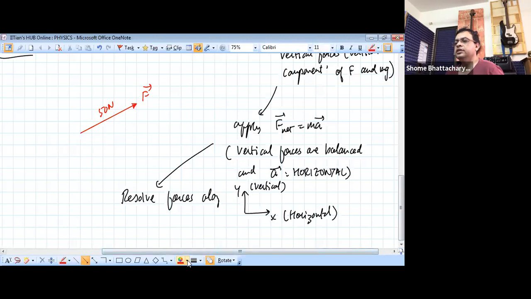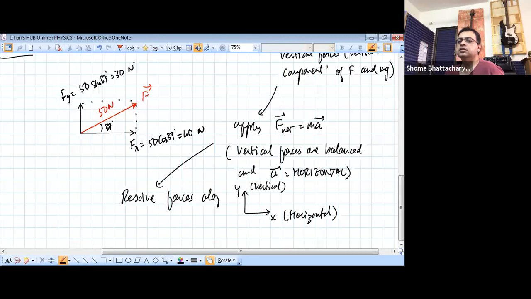This force will now have an x component and a y component, such that the x component will be 50 cos 37, which is 40 newtons, and the y component will be 50 sin 37, so that will be 30 newtons.